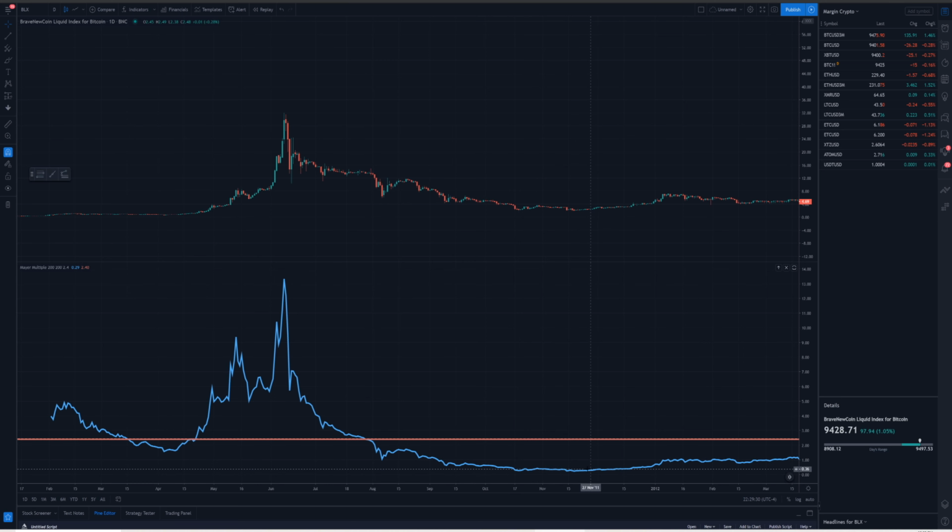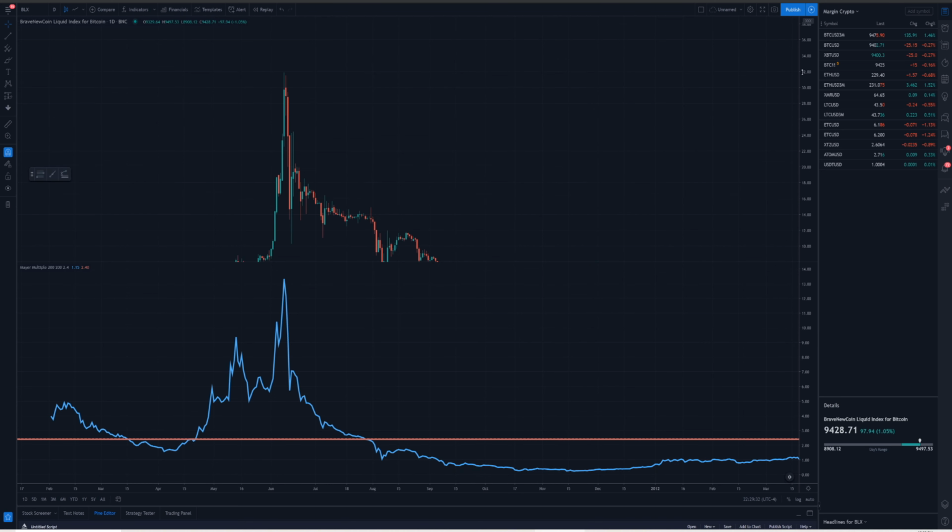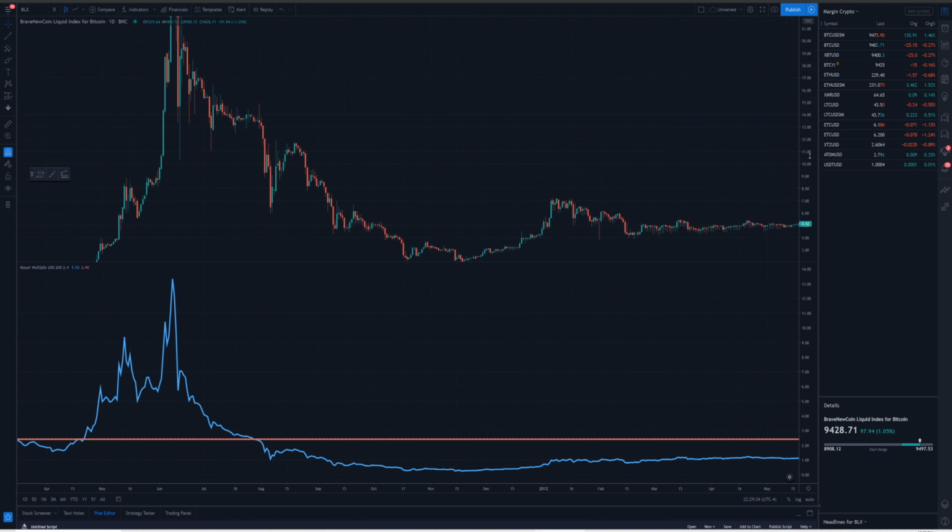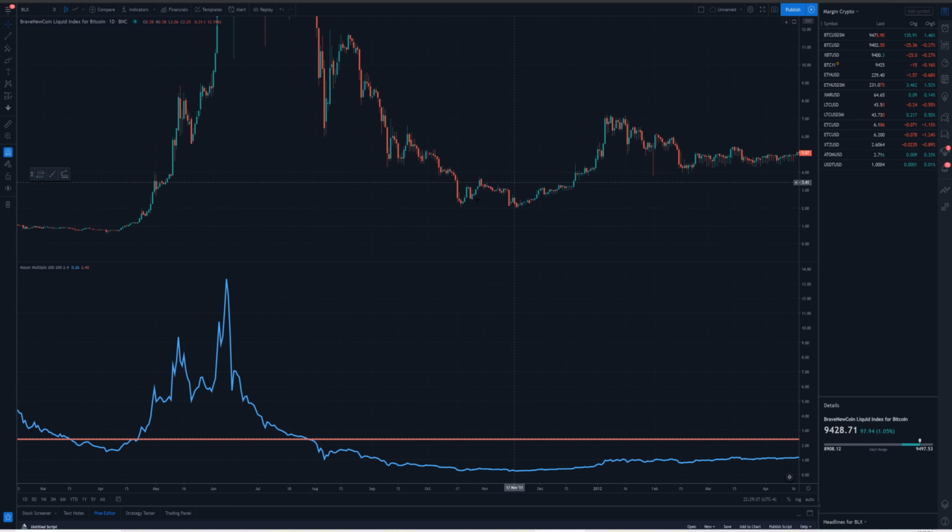So right down here, let me just make this even bigger for us to see. All right, so here's where we're looking for our bottom, right? On November 18th of 2011, we had a low of $2.01. And if you go down to the Mayer multiple here, you can see on the left side of my screen in blue, it's going to tell me what the value of that Mayer multiple is.